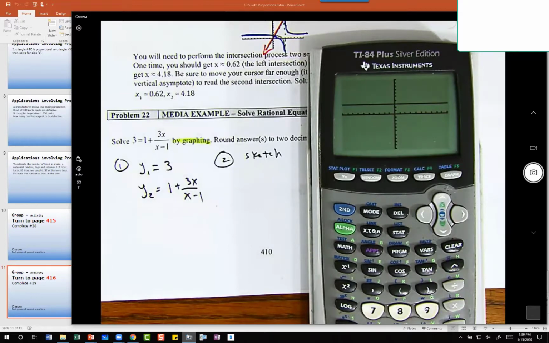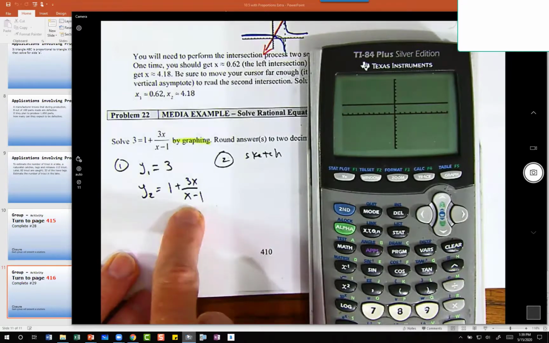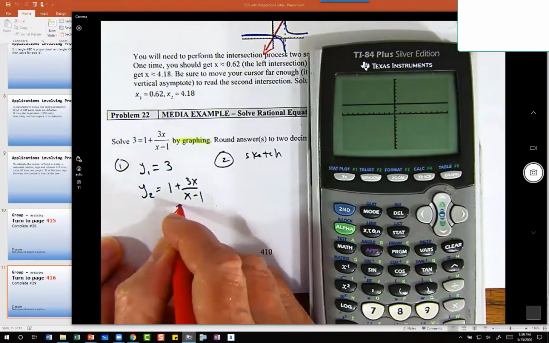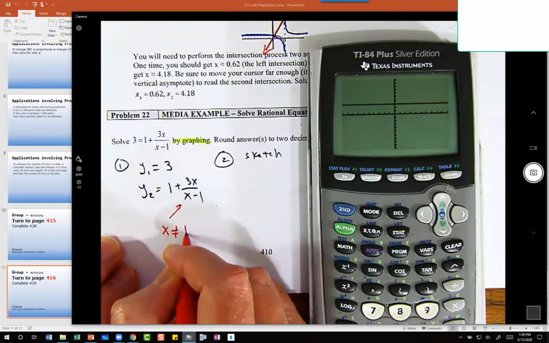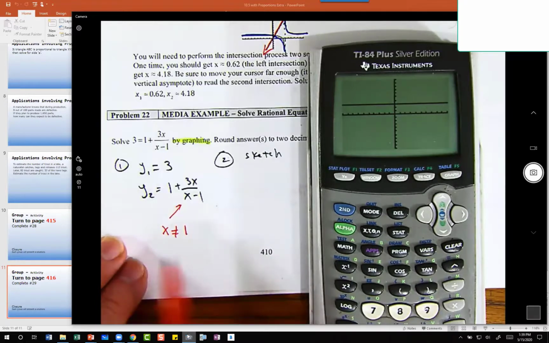Now, something should be wrong with this picture, because if we graph this, does this have a domain restriction? Yes. It's 1. Right here. X cannot be 1. The graph should be broken. We should see a broken place at 1.